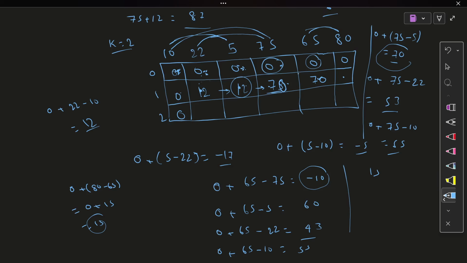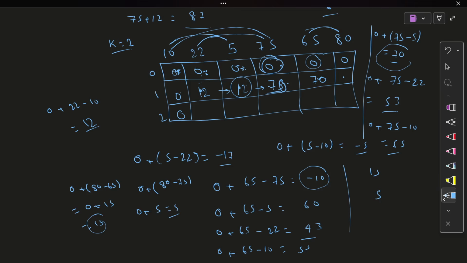Then check for this one. If you check for this one, you get 0 plus 80 minus 75. How much? 0 plus 5, 5.